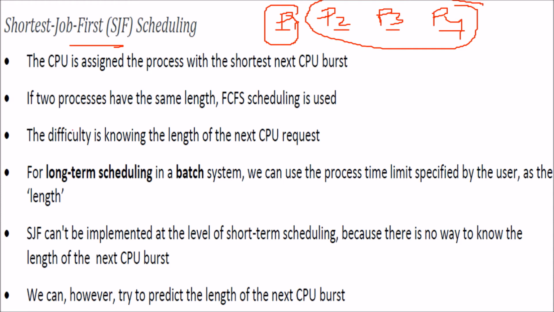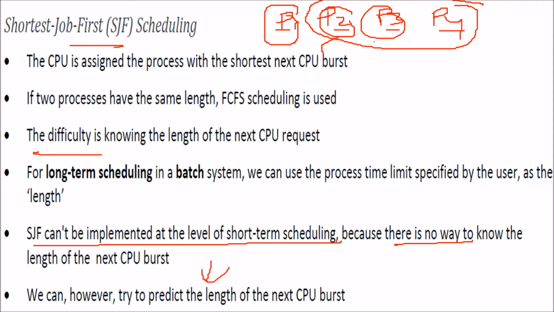This is very difficult to know in advance, which of them is going to be completed first. How to anticipate? And if the times are the same, then we'll apply first come first serve. So SJF can't be implemented at the level of short-term scheduling, because there is no way to know the length of the CPU burst. But let us try to predict the length of the next CPU burst.